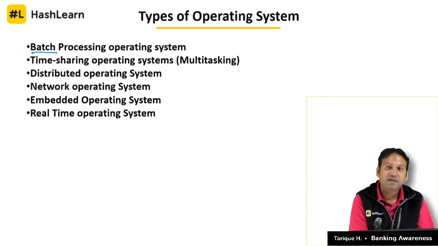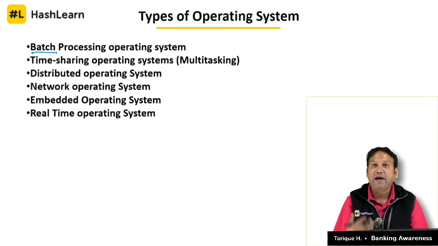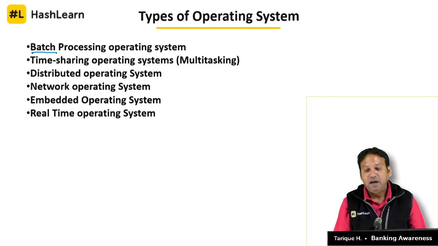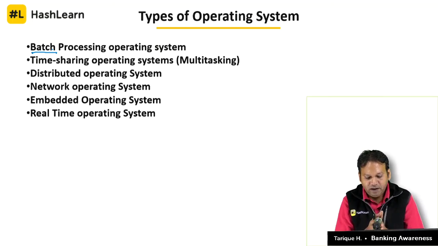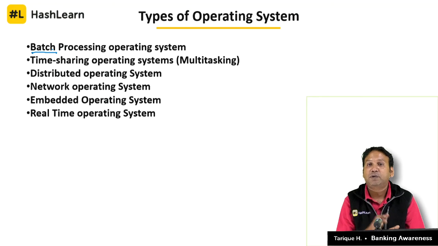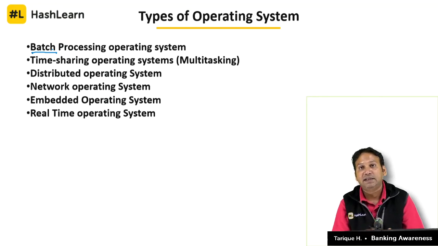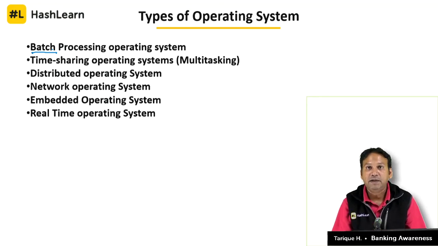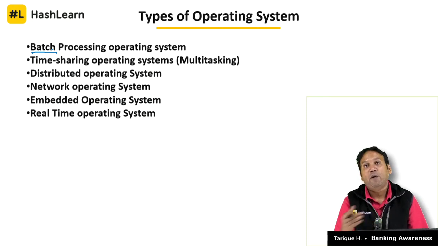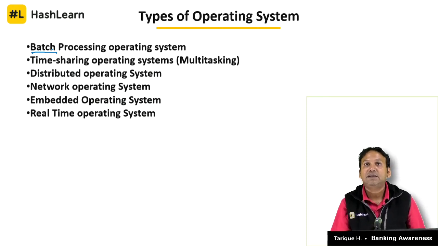The earlier systems in the 60s and 70s were batch processing operating systems. A number of users would create their own programs in batches on punch cards, and they would be punched one after the other into the operating system, which would then execute these jobs.